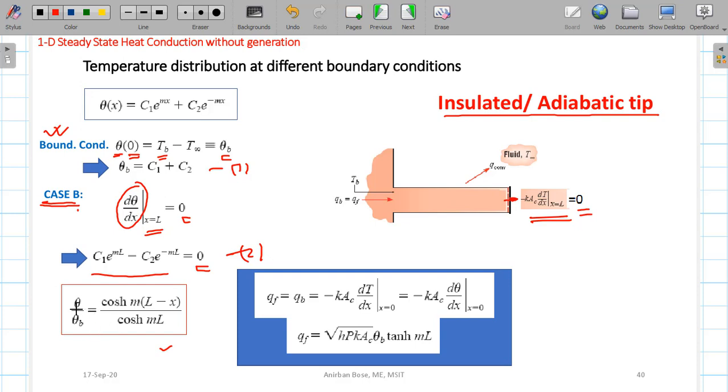So theta, you can see, is the temperature distribution along the fin. If the tip is insulated, it is cosh m(L minus x) divided by cosh(mL).